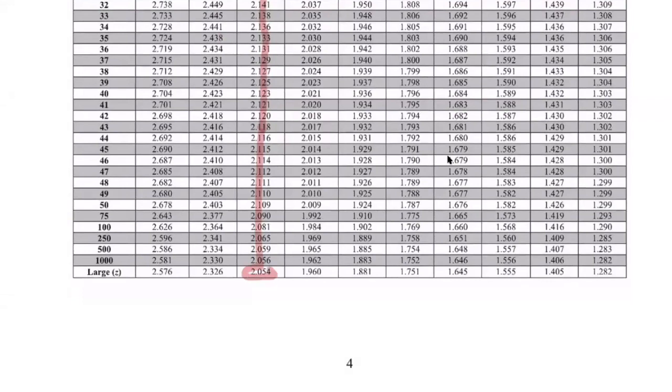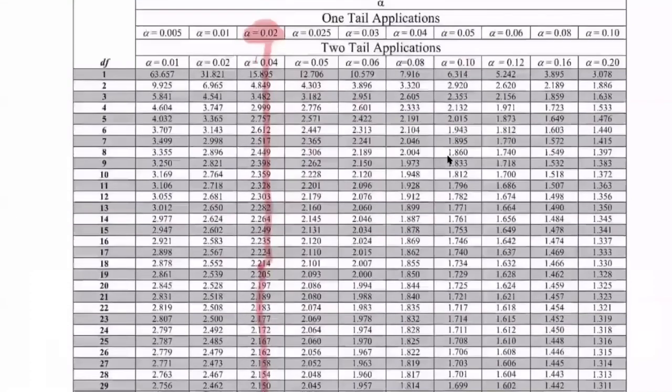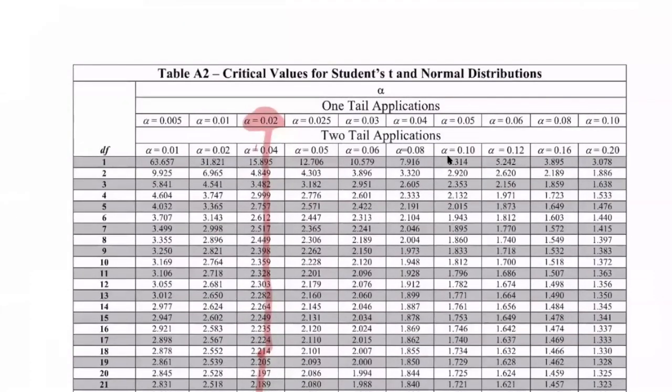So that's a lot of standard errors for statistical significance. So I get a 2.054. You guys agree with that? Again, it's 0.02 one tail. It's a one tail test. This was a left tail test.